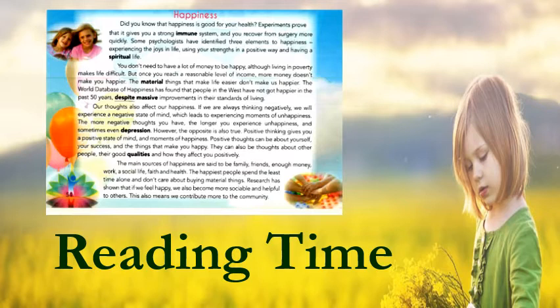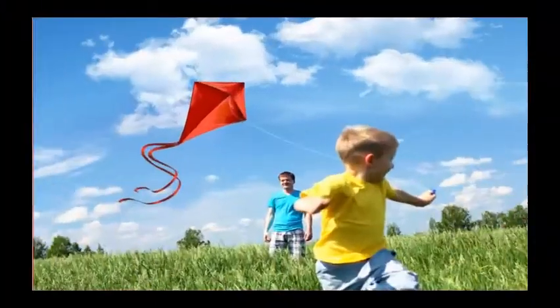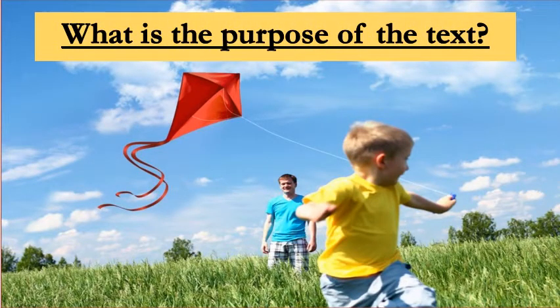Now it's the time of reading. Let's read the text and check our answers and understanding of our lesson today. The question is, what is the purpose of the text, or what is the purpose of the writer?